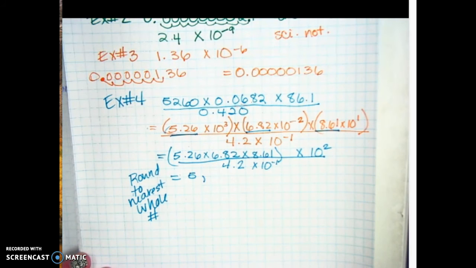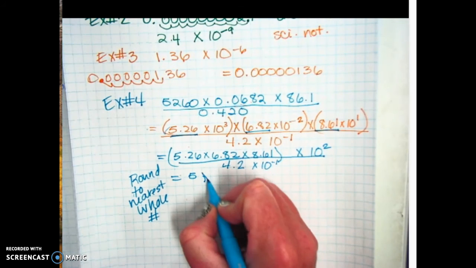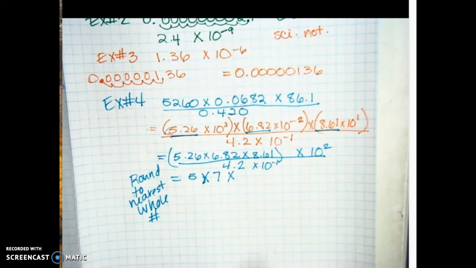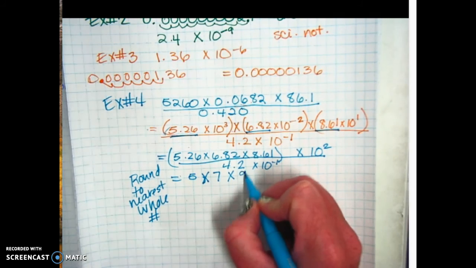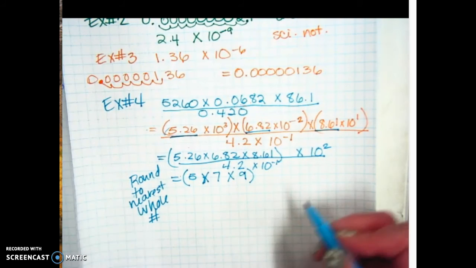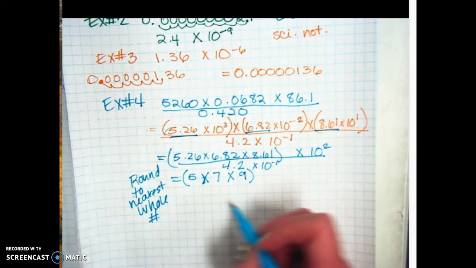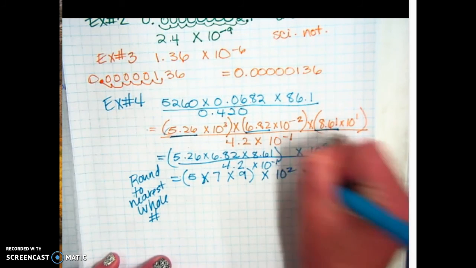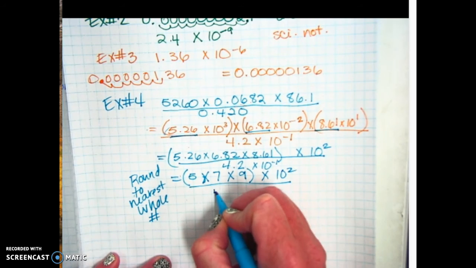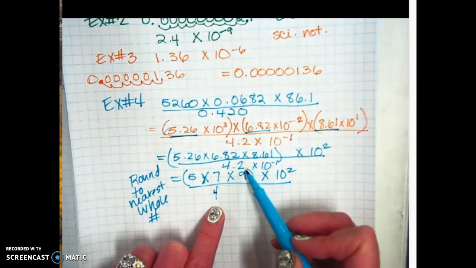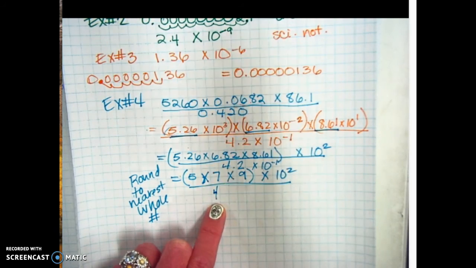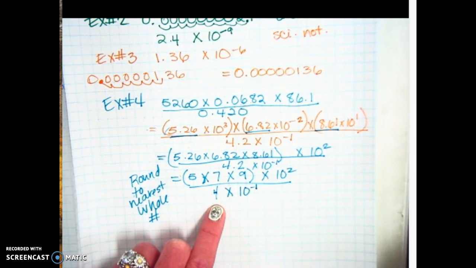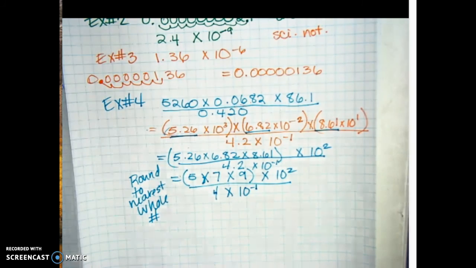And then 6.82 is going to round to 7. So this is 5 times 7 times, and then 8.61 is going to round to 9. Times 10 to the 2nd, right? Yeah. And then we've got, in the denominator, 4.2 is closer to 4, right? Times 10 to the negative 1st. Okay.